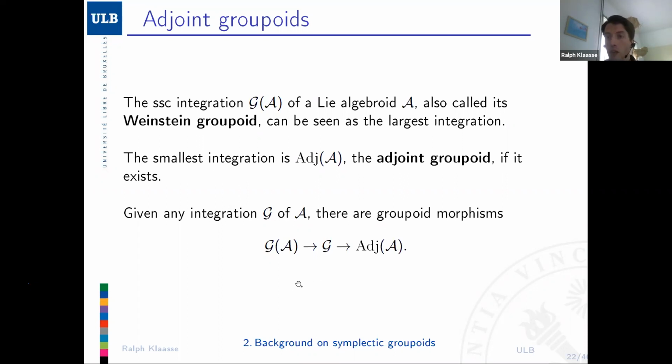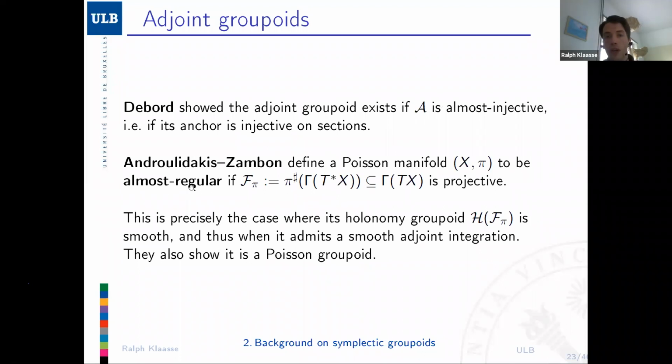And in order to know that that's even possible, we use some results of other authors, of course. First, Debord showed that such an adjoint groupoid in general exists if the Lie algebroid you're using is almost injective, which is this condition we were talking about before. So it's injective on sections. All of the Lie algebroids that we've seen so far today are of this form. And André and Dazord-Sambon took this a little bit further and brought a certain class of Poisson structures into the picture.